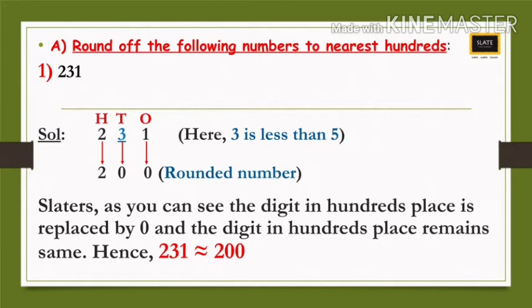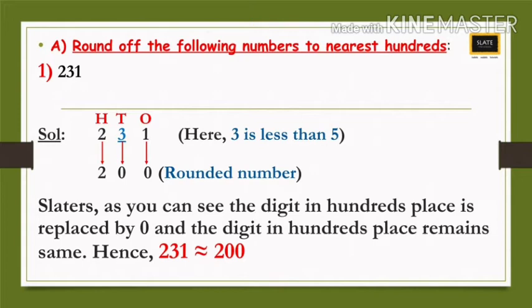Let's compare the tens place digit, that is 3. Here my dear sleepers, you tell me, is 3 less than 5, equal to 5 or greater than 5? Yes, it is less than 5. So 3 is replaced by 0 while retaining the other digit. Means whatever the digit in the hundreds place, that will remain the same as 2.